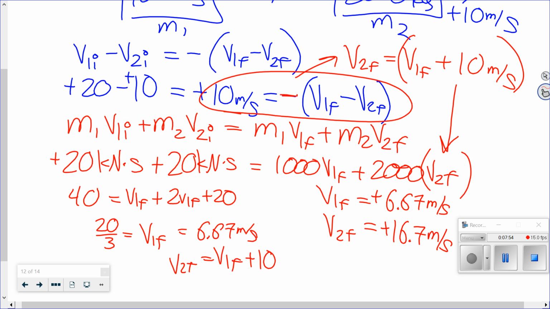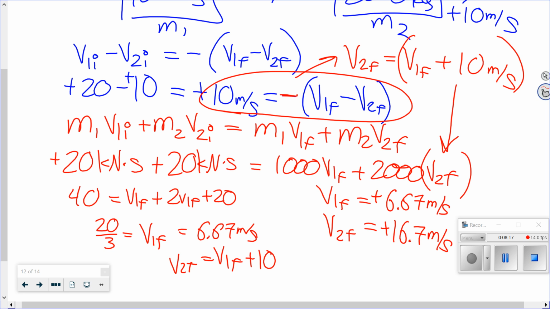And you get 40 meters per second on the left side, and that equals V1 final plus twice what's in parentheses there: 2 V1 final plus 20. So you get 20 over 3, or 6.67. And then you add 10 to get V2.